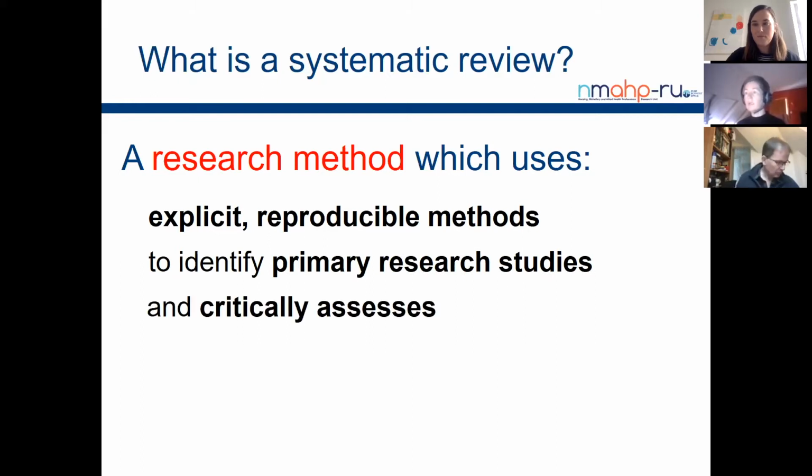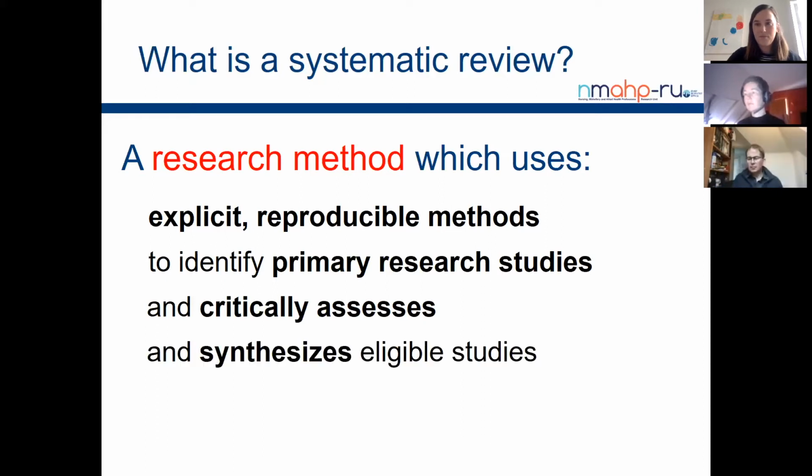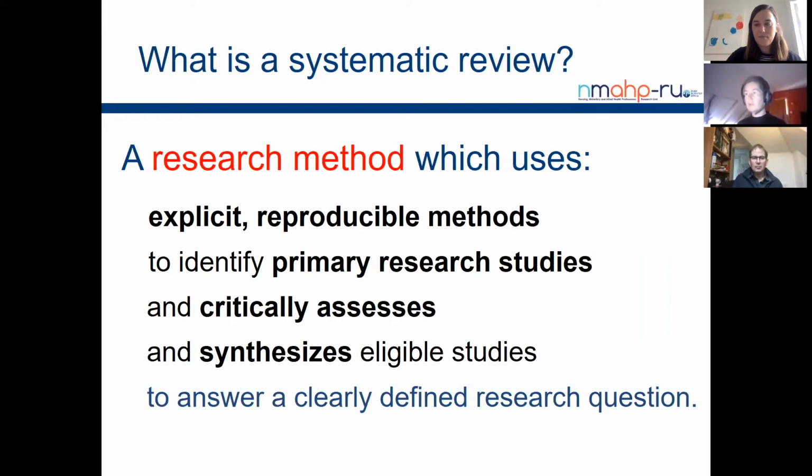Importantly, it critically appraises or assesses the quality of the studies that it brings together. It brings those together within a synthesis, and it may or may not include a statistical analysis, often known as a meta-analysis. And again, very importantly, what a systematic review does is set out to answer a clearly defined research question.